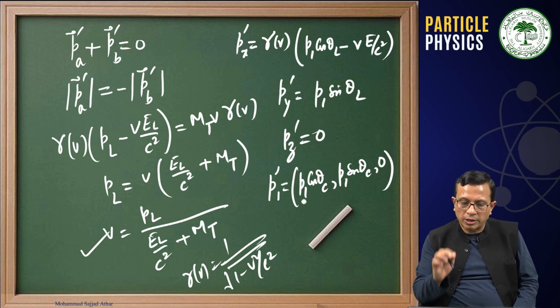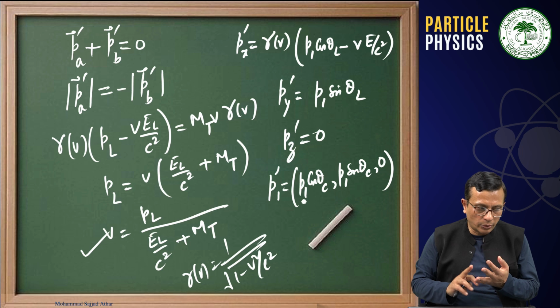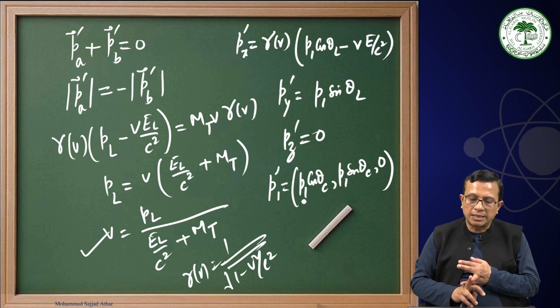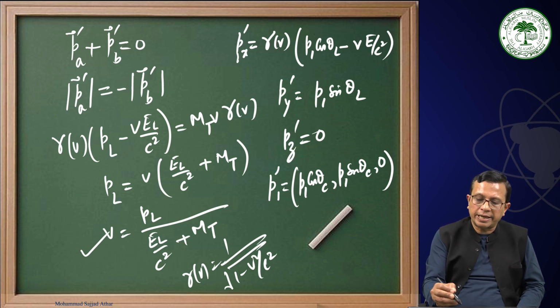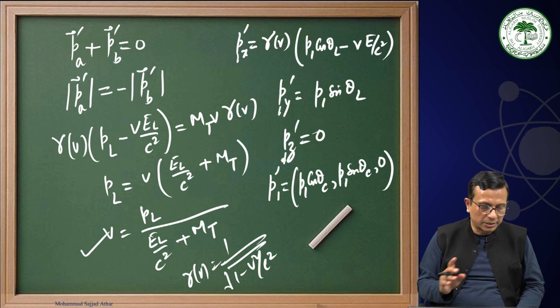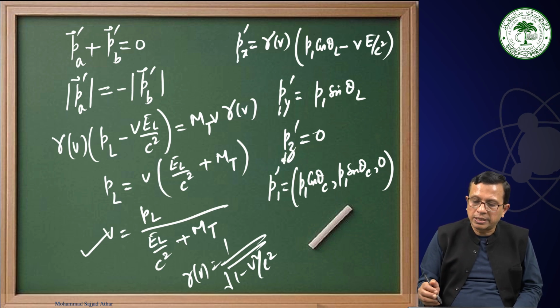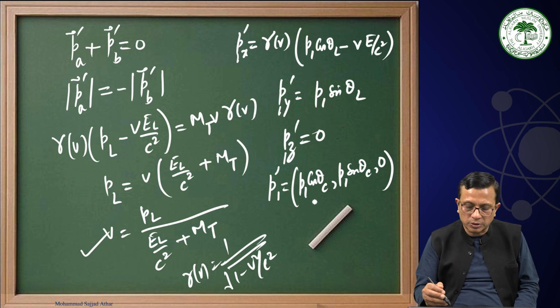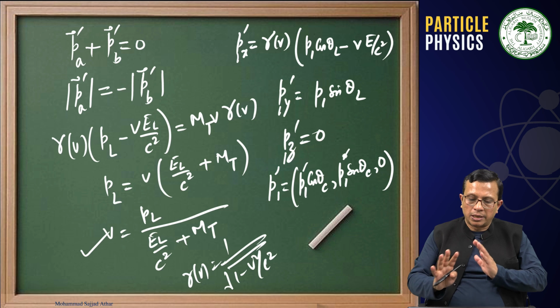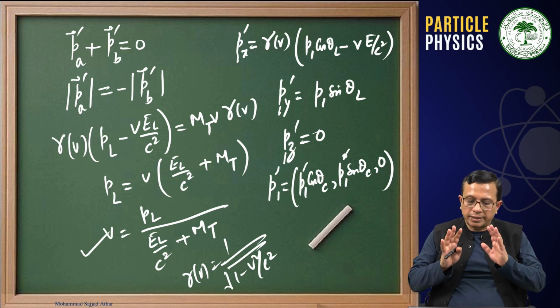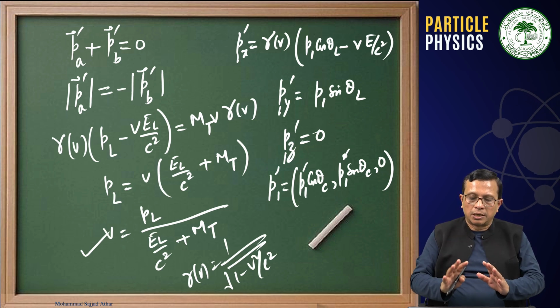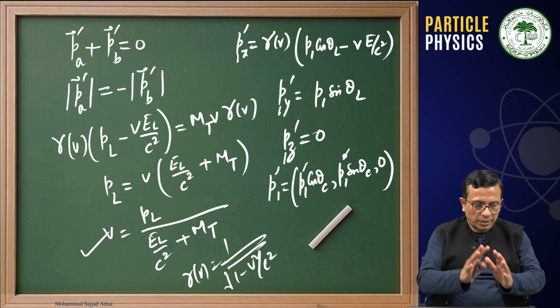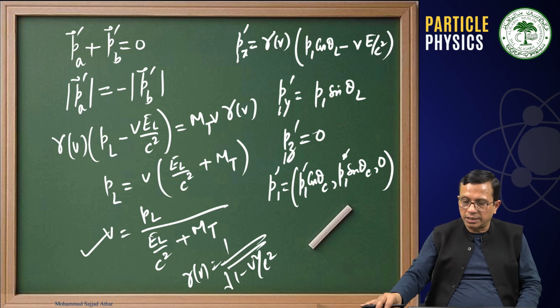Notice that we know P1 cos theta C and P1 sin theta C, and here we are talking about P1 x prime, P1 y prime, and P1 z prime. You just have to put in these values. You are actually comparing these two sets of values, which means you understand the quantities in the lab frame and in the center of mass frame.